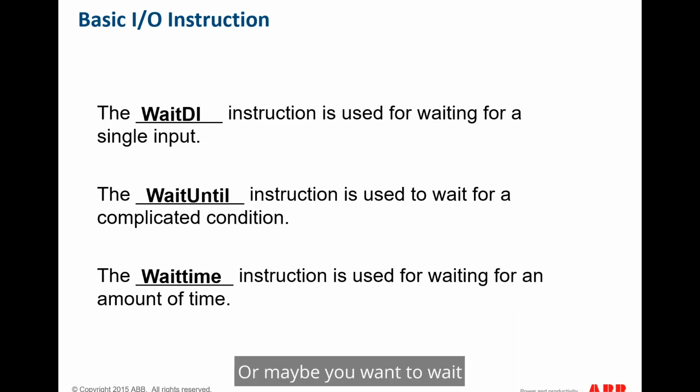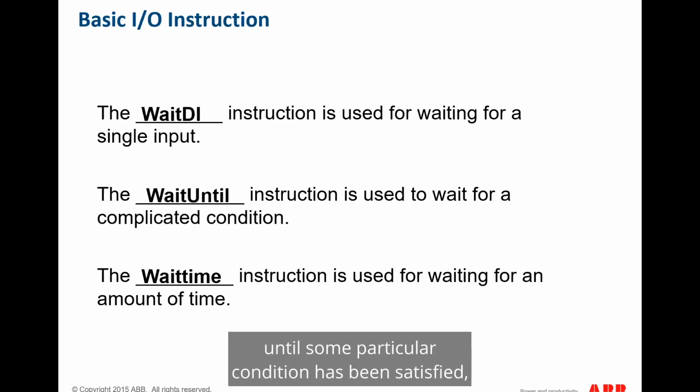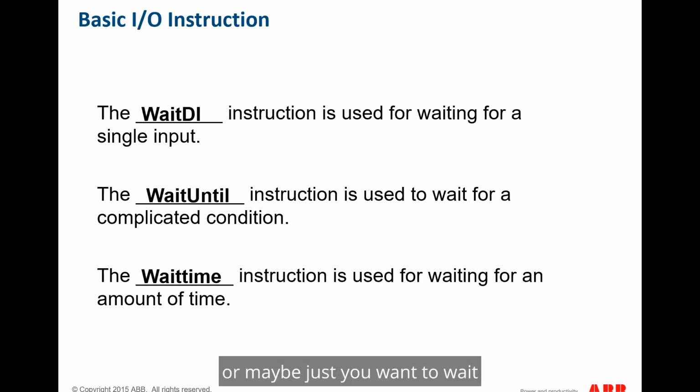Or maybe you want to wait until a particular condition has been satisfied. Maybe you want to wait until you get 3 objects or 3 parts of your product and then pick them all up together. Or maybe you just want to wait for 0.5 seconds, 1 second before carrying out the next instruction.